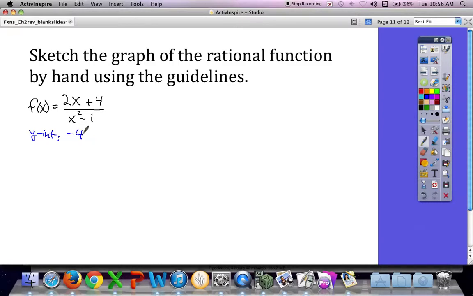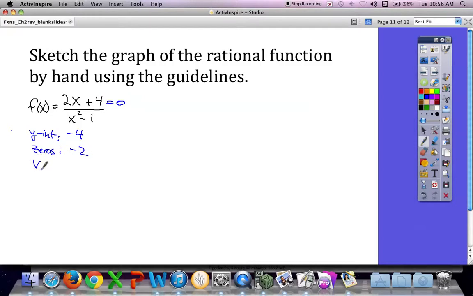All right, the zeros, meaning set the numerator equal to 0 and solve. What does x equal? Negative 2, right? Move the 4, divide by 2, or you could just see 2 times negative 2 is negative 4 plus 4, 0. Negative 2, right?